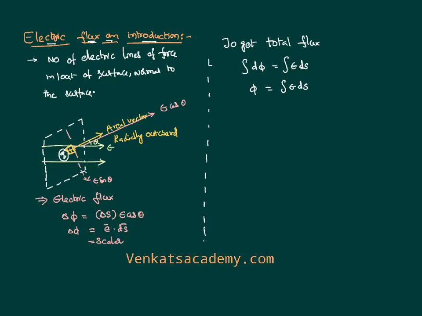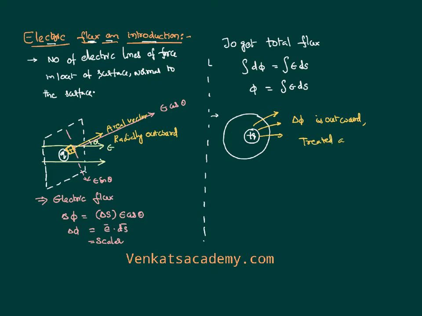We need to further understand that if you are considering a positive charge in a closed surface, then the electric lines of force due to this positive charge will be coming outward. So the flux is also outward, delta phi is also outward. We treat this outward flux as positive.